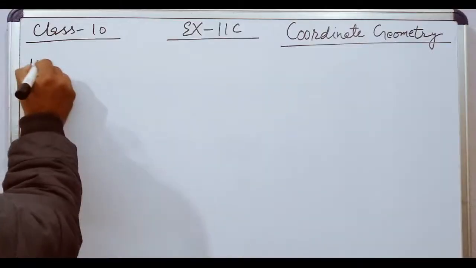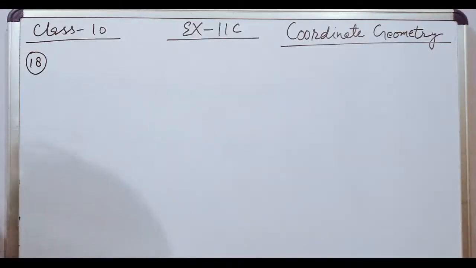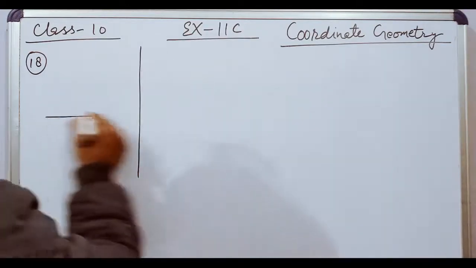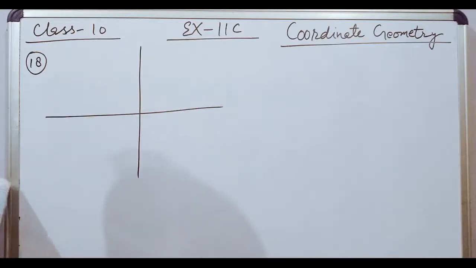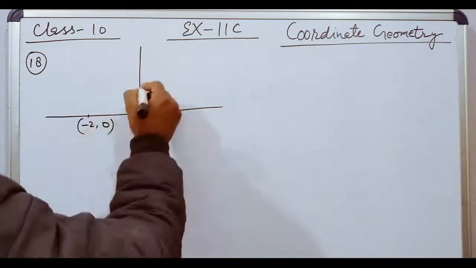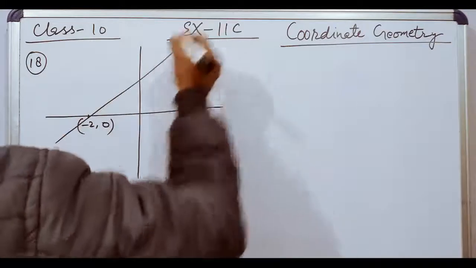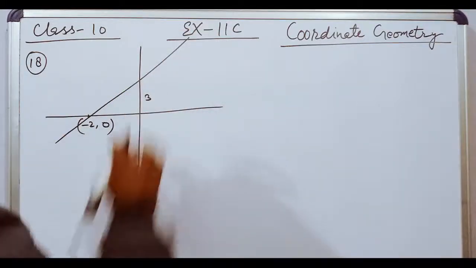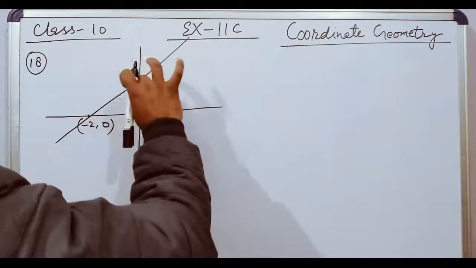Number 18. A line intersects the x-axis at (minus 2, 0) and cuts off y-axis intercept 3 on the positive side of y. Write the equation of the line. See, this is (minus 2, 0), and the cut off 3 is this intercept on the positive y-axis.